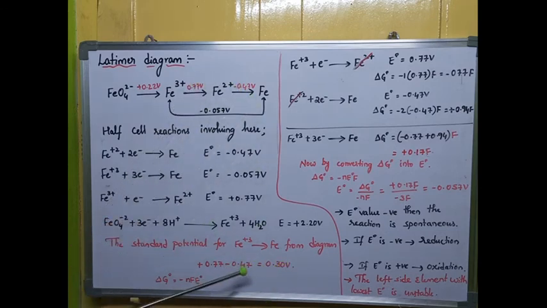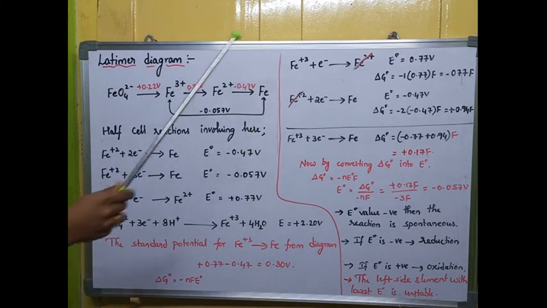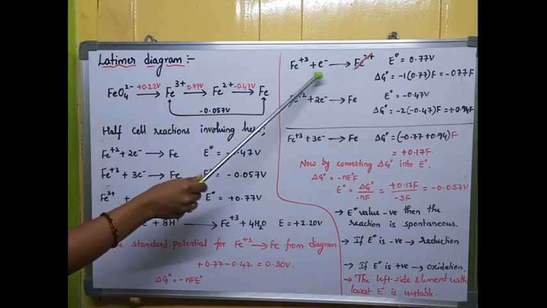In order to get this value, we need to use the Gibbs free energy value, delta G0. Delta G0 equals minus nFE0, where n indicates the number of electrons in the reaction, F indicates the Faraday constant, and E0 indicates the standard reduction potential. Let us see this reaction. Fe3+ is converting into Fe2+.